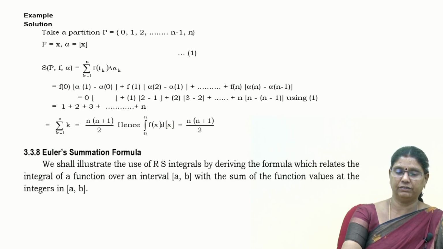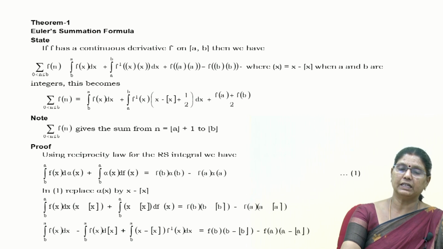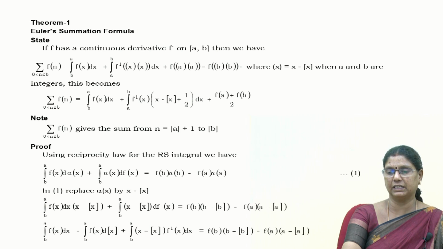Euler's summation formula. Here Euler's summation formula states that if f has a continuous derivative f' on the closed interval [a, b], then the summation of f(n) is the integral from a to b of f(x) dx plus the integral from a to b of [x] f'(x) dx plus f(a) minus f(b), where [x] is x minus the floor of x, when a and b are integers.